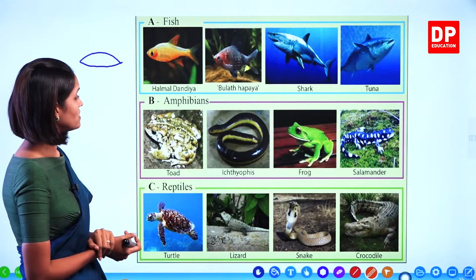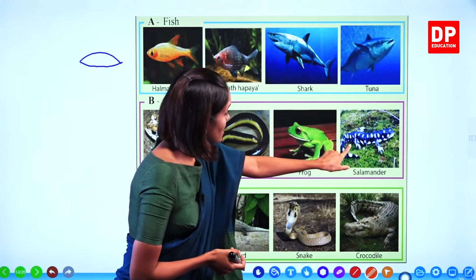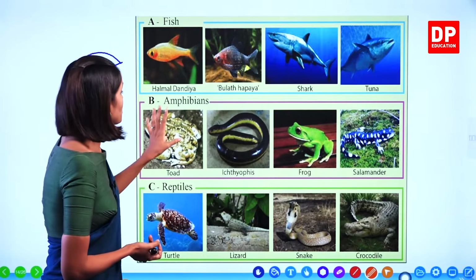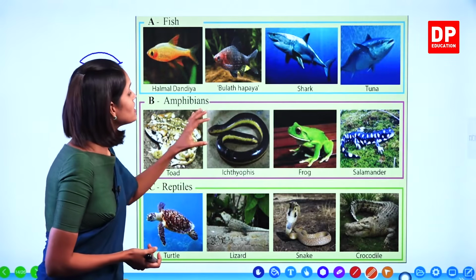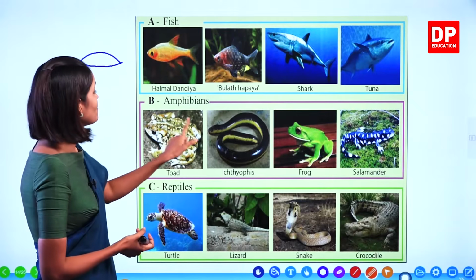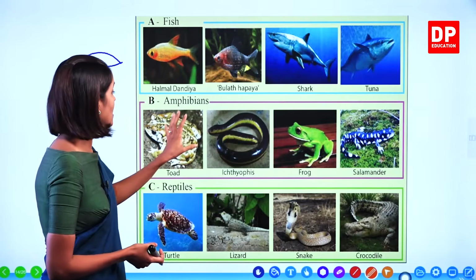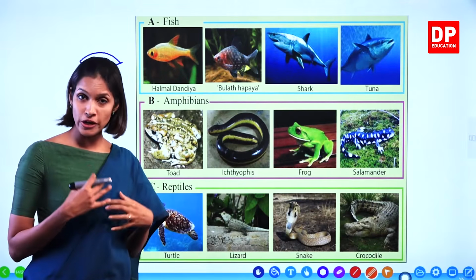Worm-like structure. And frogs. And here, this animal looks like a gecko. It is salamander. Now they all have the backbone or the vertebral column. So what are the other common features of amphibians? Now they have a wet skin, right? And they lay eggs and they use lungs to breathe.